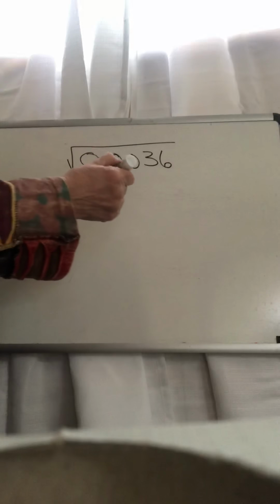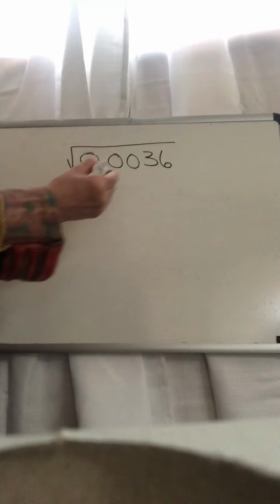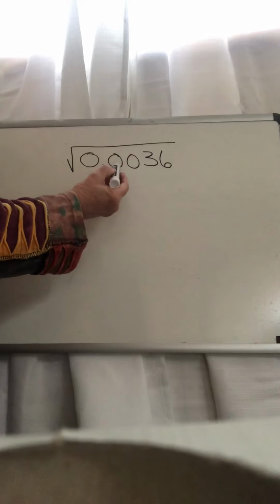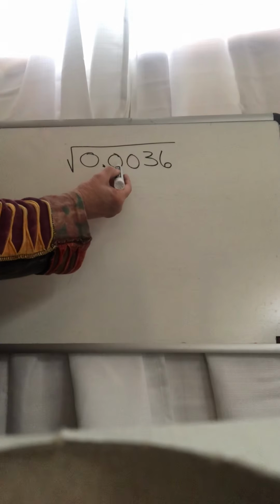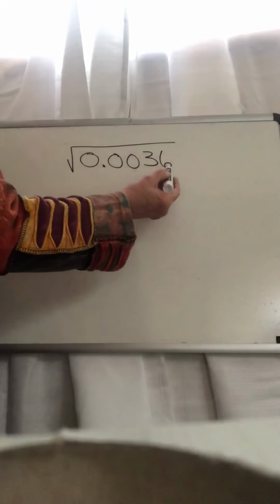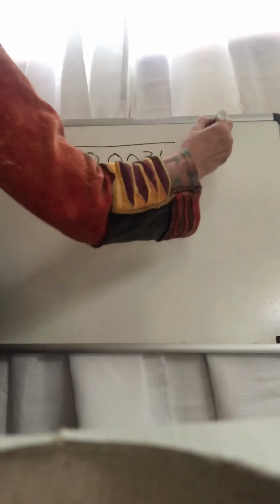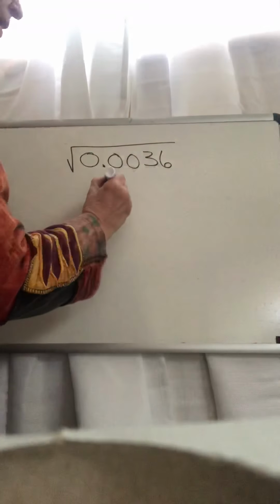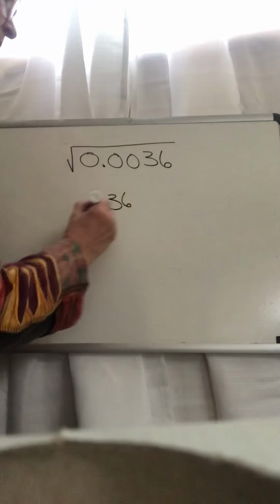But I think it's important to really understand what this is. So the 36 would be read tenths, hundredths, thousandths, ten-thousandths. So it would be 36 ten-thousandths. So 36 ten-thousandths would look like this.